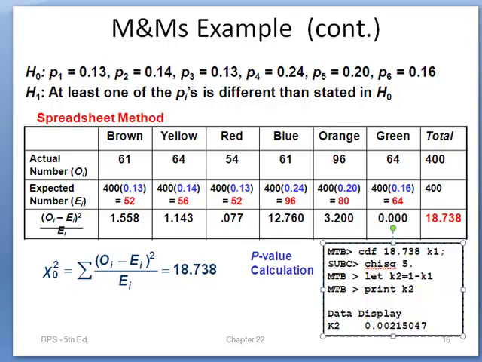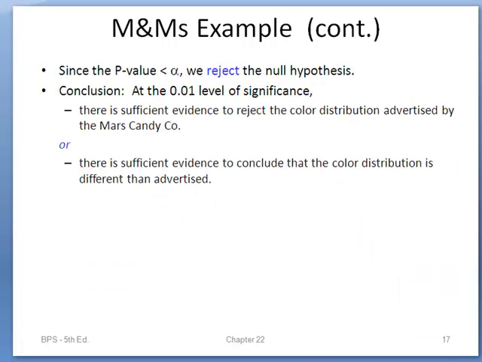Somehow that got cut off, so that you could see the command you would use in Minitab to find that p-value. Since that p-value is less than alpha, we reject the null hypothesis. So our conclusion is, at the 0.01 level of significance, there's sufficient evidence to reject the color distribution advertised by the Mars Candy Company, or that there's sufficient evidence to conclude that the color distribution is different than advertised. Either one of those will do for our interpretation of this problem.